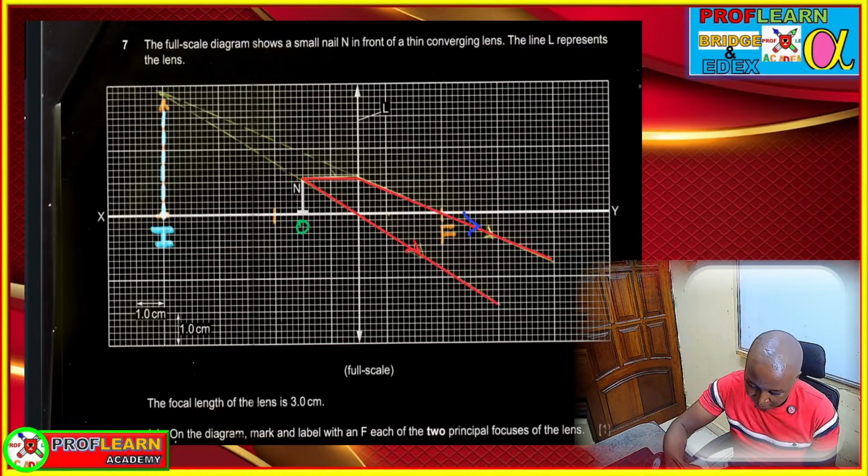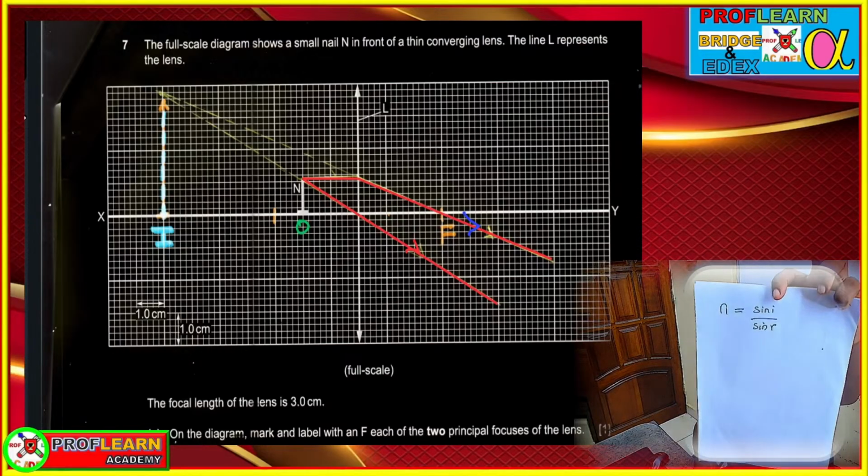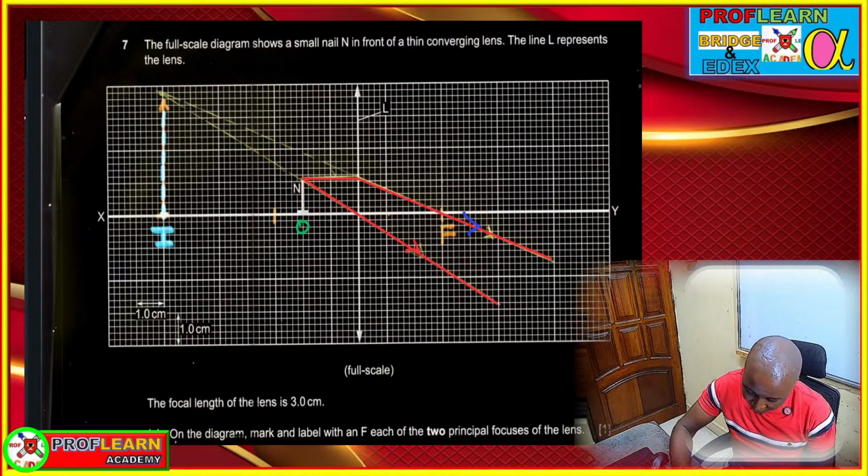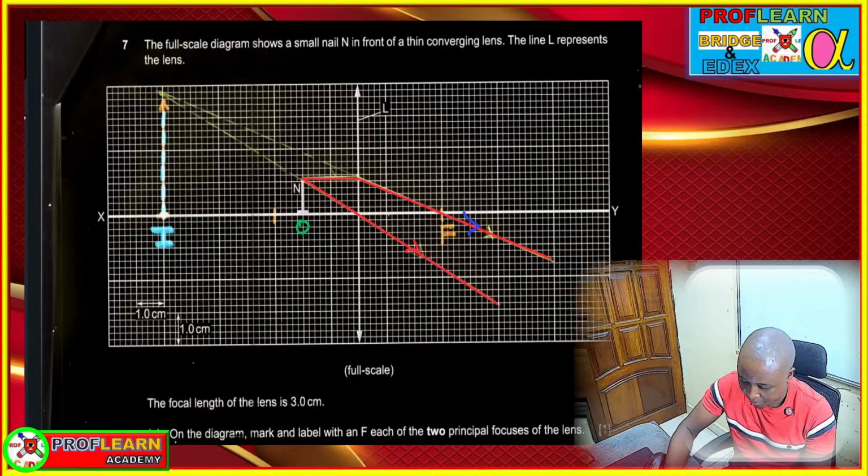The most important concepts that you really need to remember as far as this topic is concerned: number one is the formula sine i over sine r. This is one of the first formulas that you need to remember for this concept. You also need to remember that refractive index is the speed of light in vacuum over the speed of light in a medium.